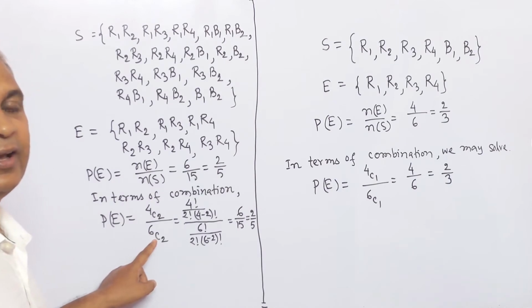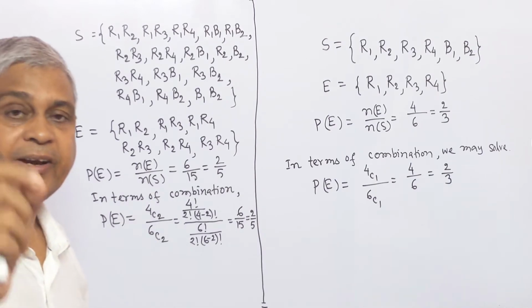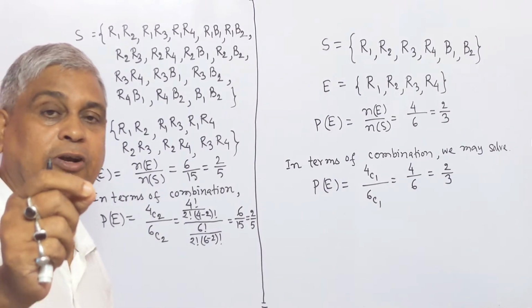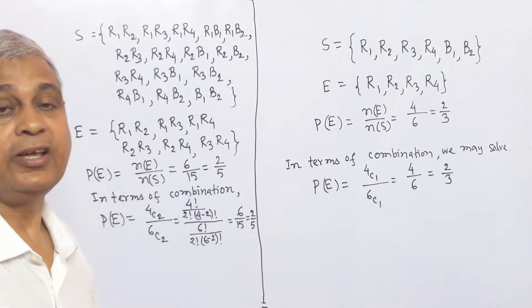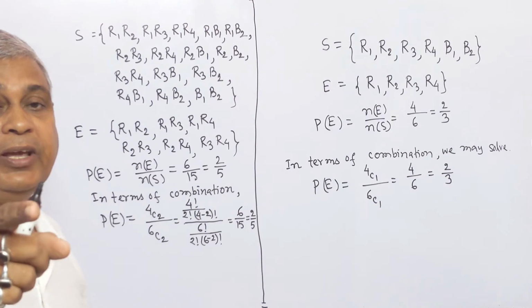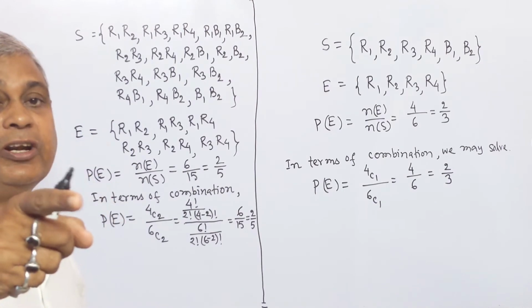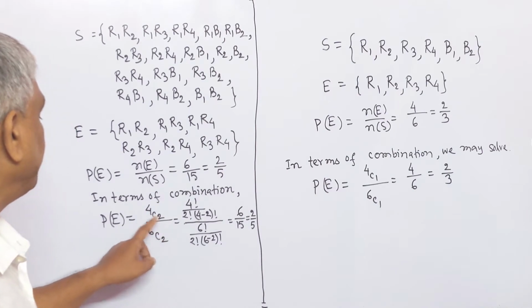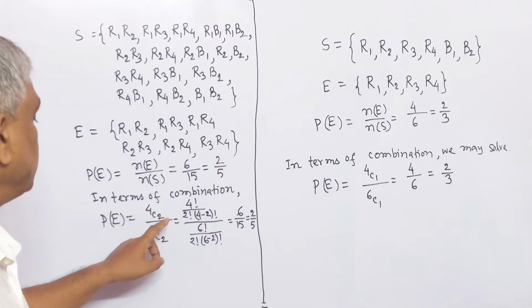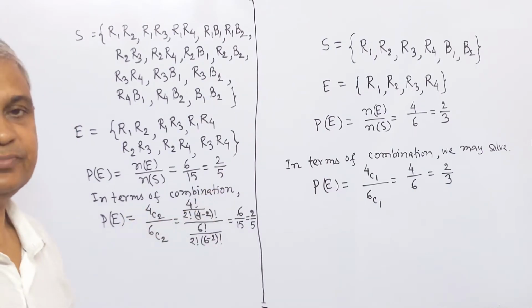And for the event we have to select 2 red balls out of 4 red balls, and the number of ways will be 4C2. So probability will be 4C2 by 6C2.